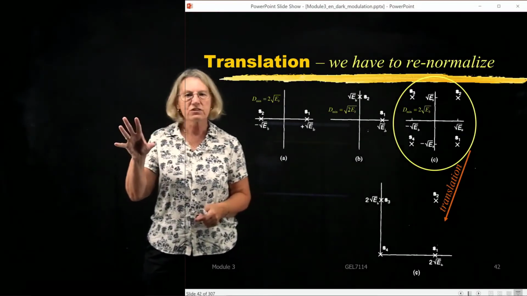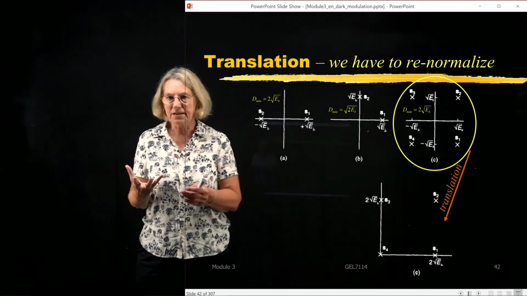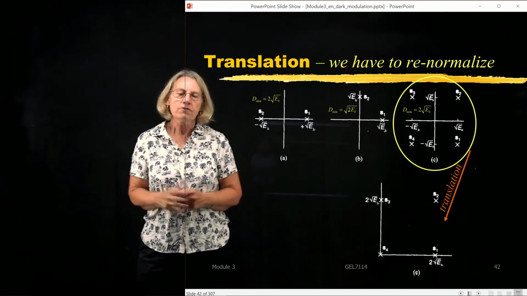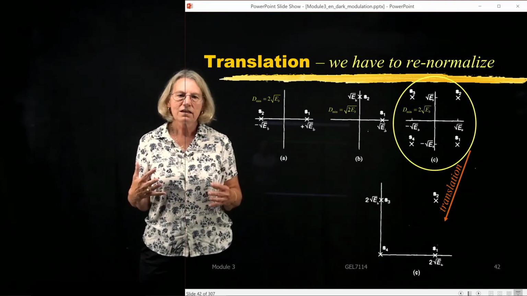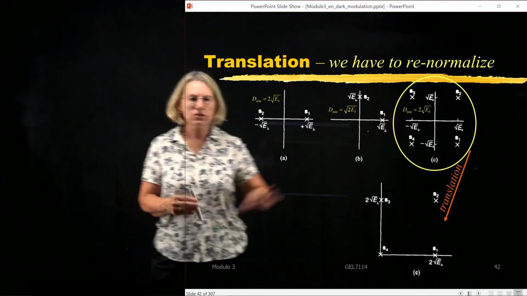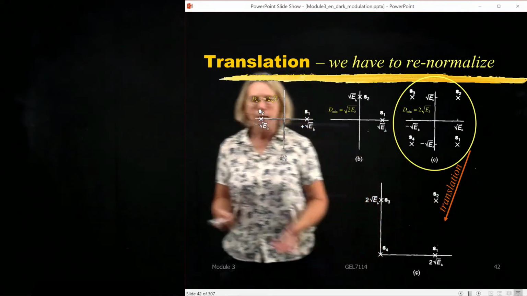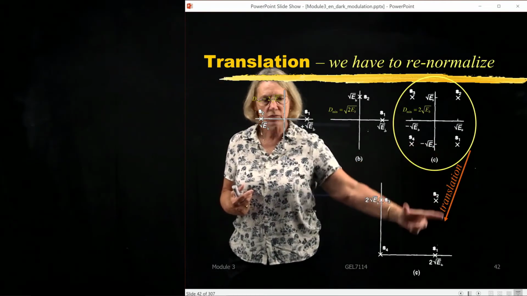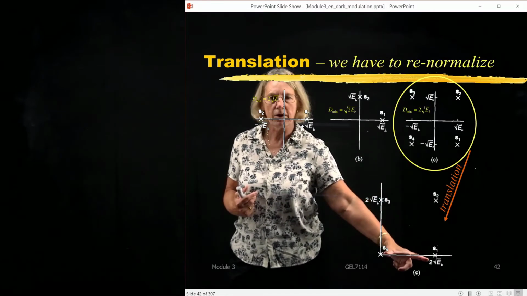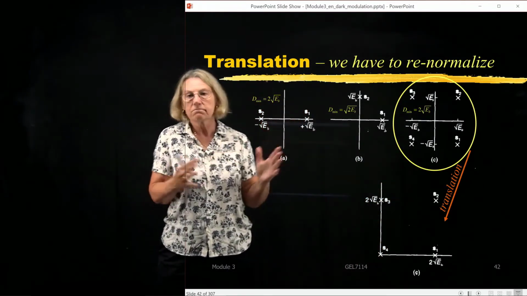And in translation, things get trickier. And we're going to see something funny happening. So first of all, we cannot leave this. If I do the translation here and I want to simply move it over, I would be very tempted to think, well, these two were 2 times the square root of EB apart, so I'm going to keep that, and I'm fine.